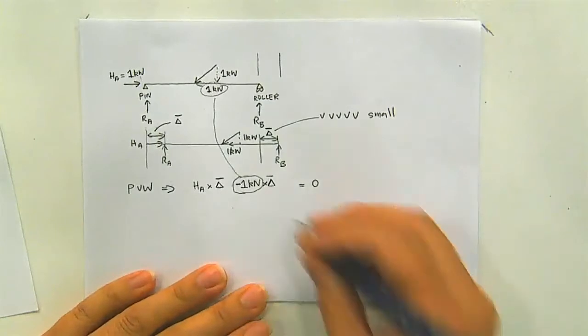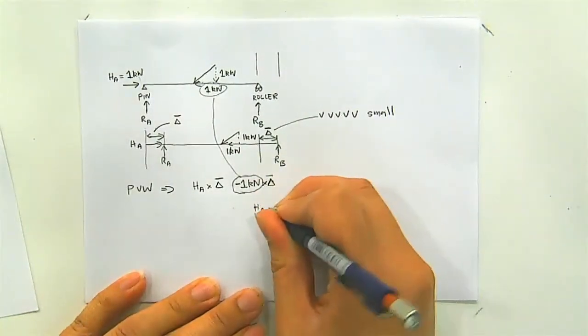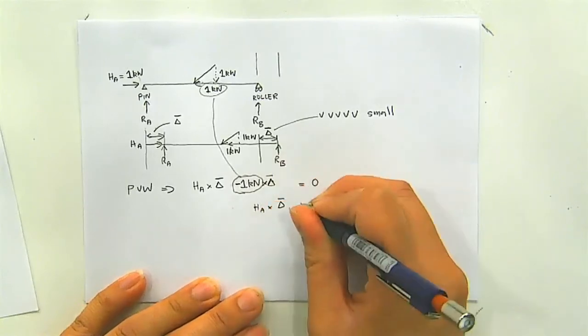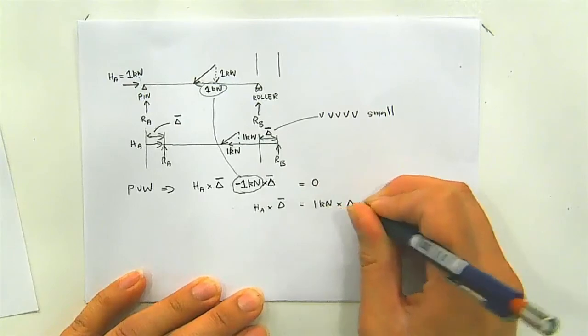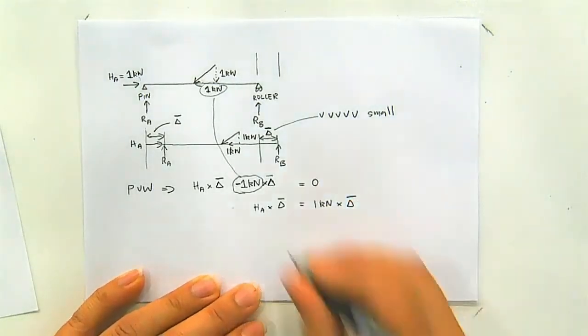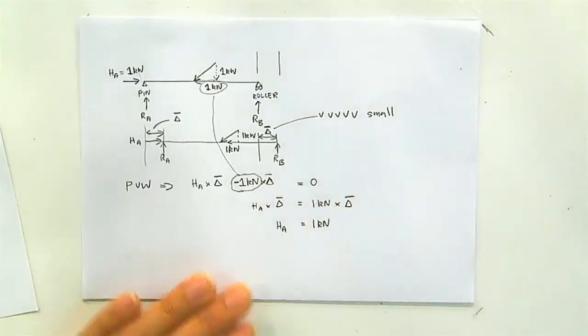So HA times delta bar is equal to 1 kilonewton times delta bar, and that means HA is equal to 1 kilonewton.